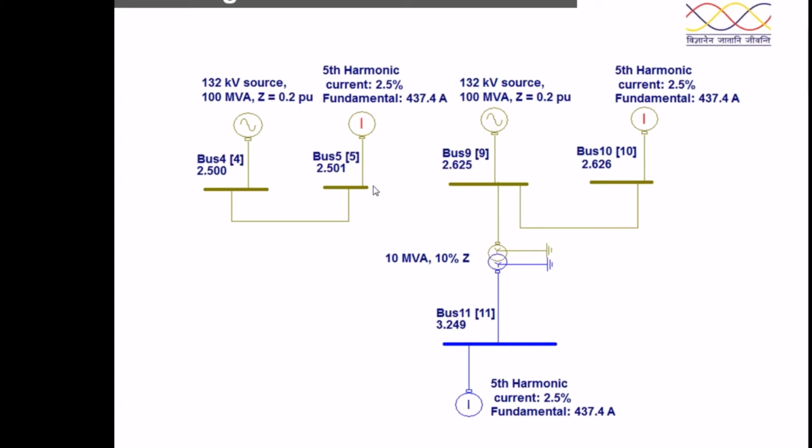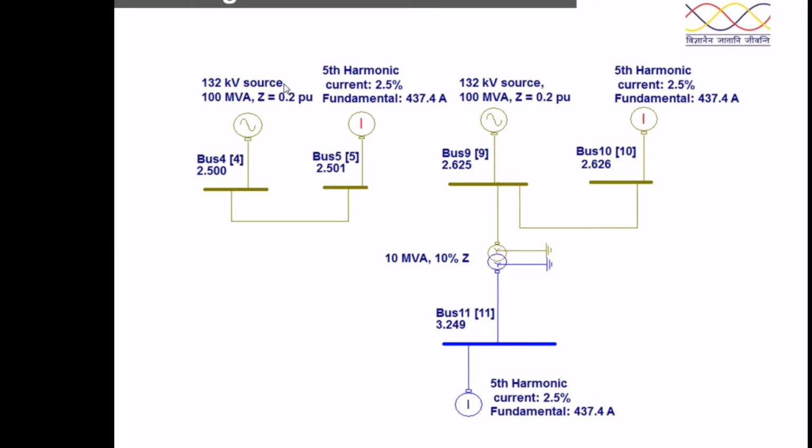When you inject this fifth harmonic current, 2.5% of 437.4 ampere, through the source, you are going to get 2.5% voltage distortion, because your impedance is 0.2 per unit. At the fifth harmonic, this impedance becomes 0.2 into 5, that is 1 per unit.